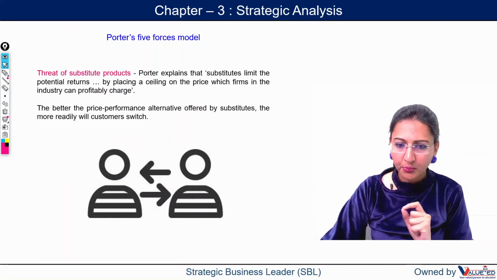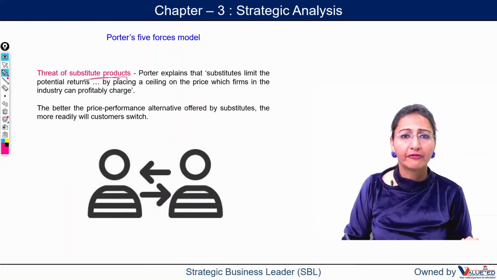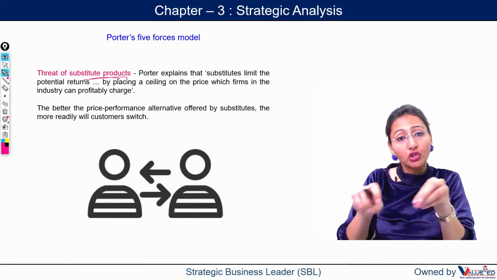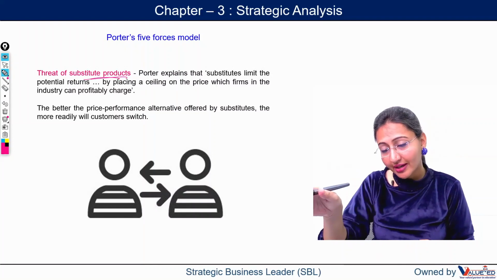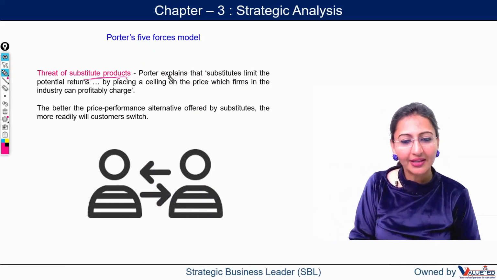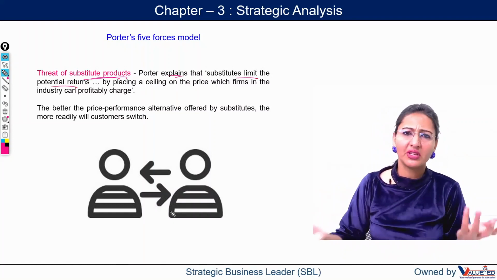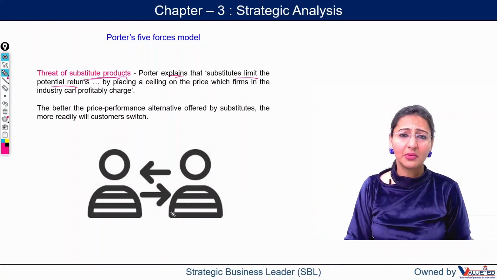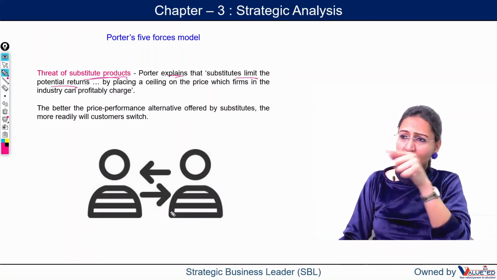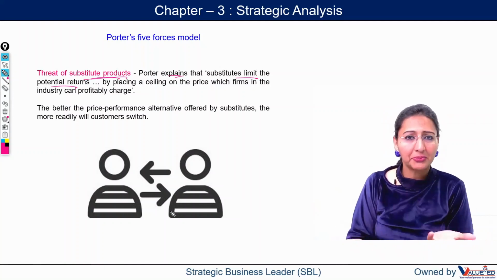Substitute products: if any customer finds a substitute for your product, then the industry attractiveness evaporates. Porter clearly says substitutes limit the potential returns. Obviously, why will a customer buy my product if he has a substitute available in the market? Why will he give me better pricing?